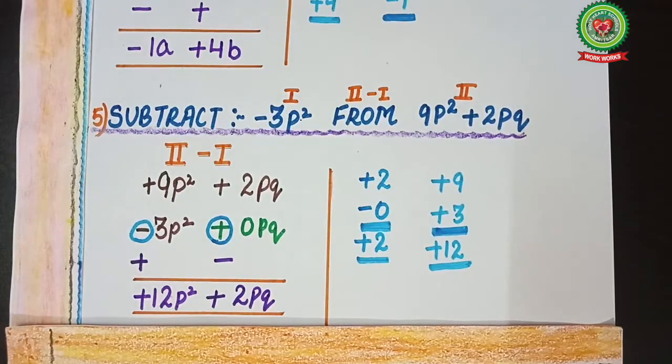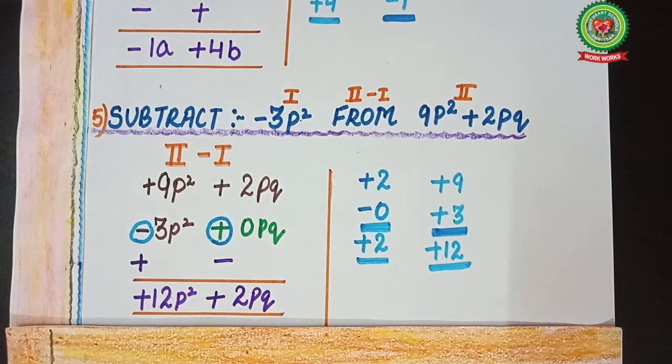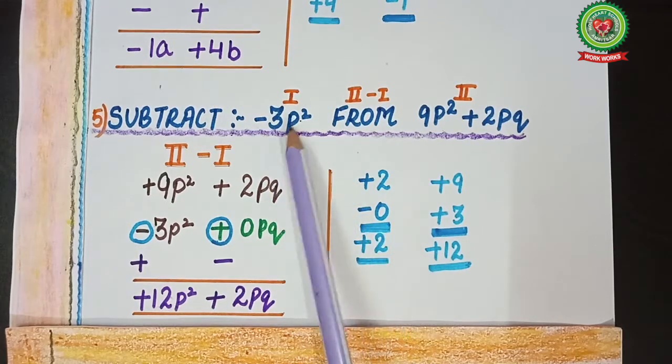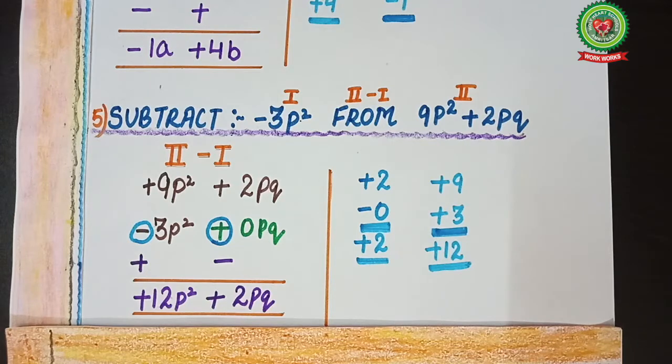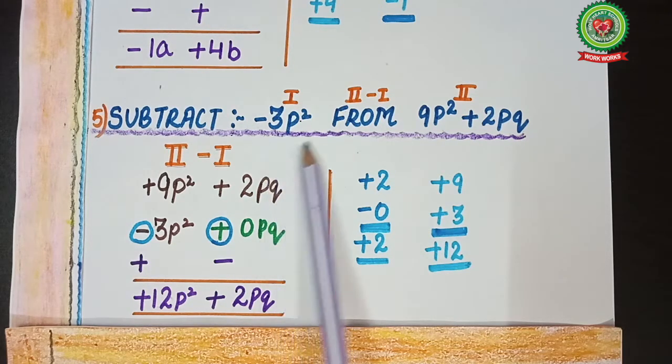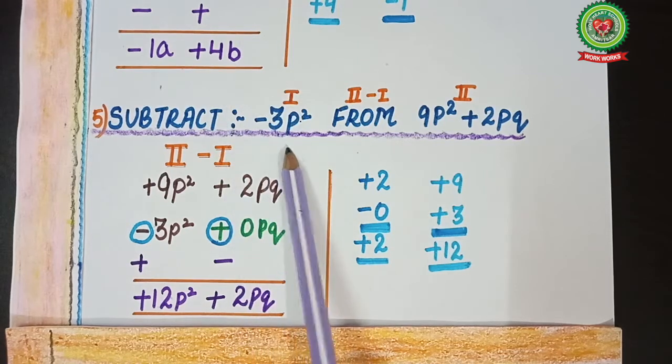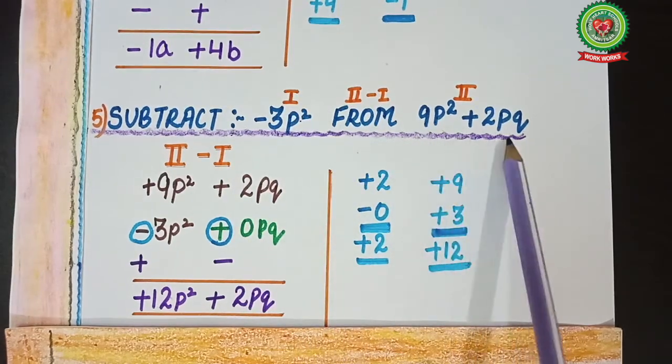Now students, move to the next example, that is example number 5. Subtract minus 3p square from 9p square plus 2pq. Now you can see the statement is a little strange. Why? Because earlier we were subtracting two binomials, but now in this statement the first expression is a monomial and the second expression is a binomial.